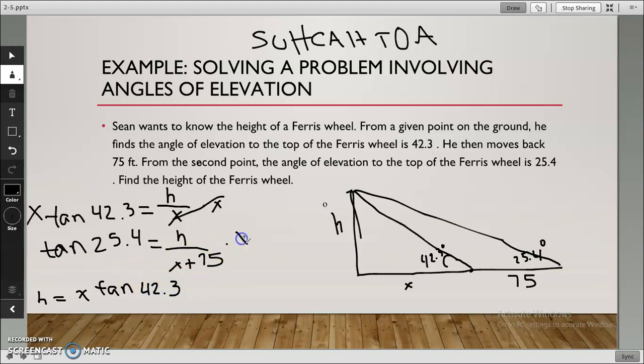And then this one, multiplied both sides by x plus 75. And so that gives me h is equal to x plus 75 times tangent 25.4. So both of them are equal to h, so I can set them equal to each other and solve.